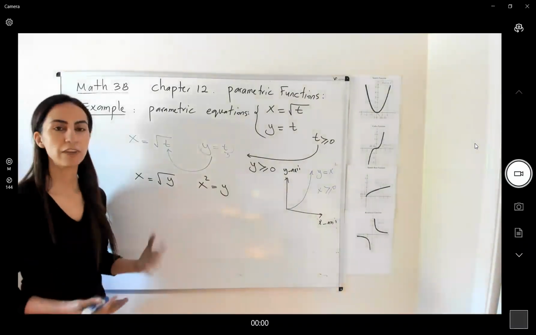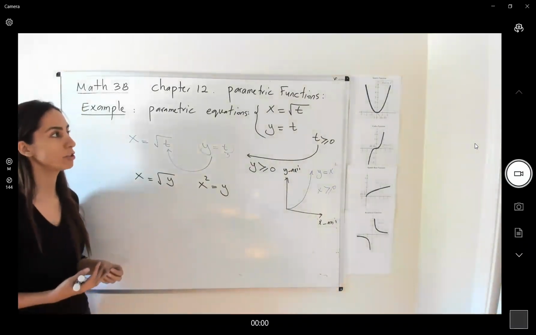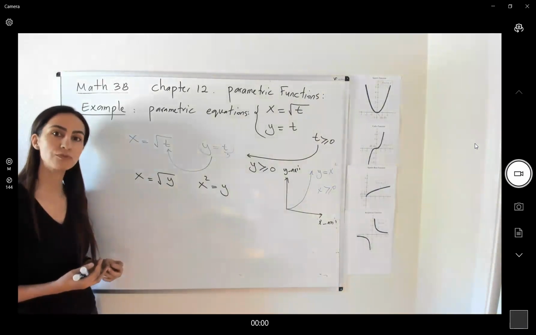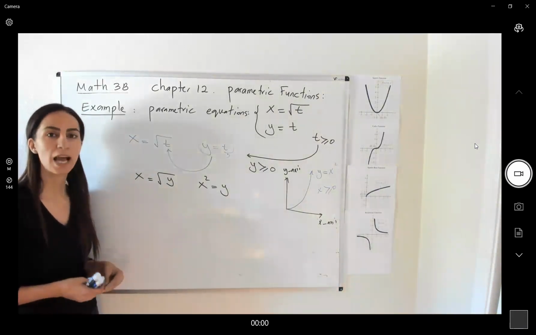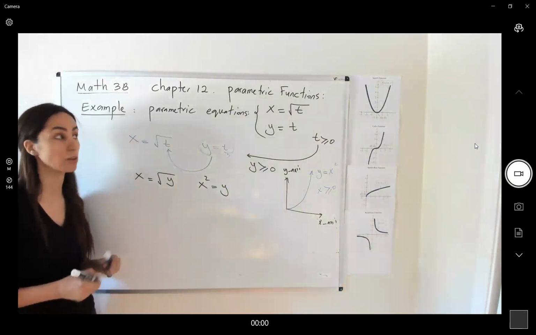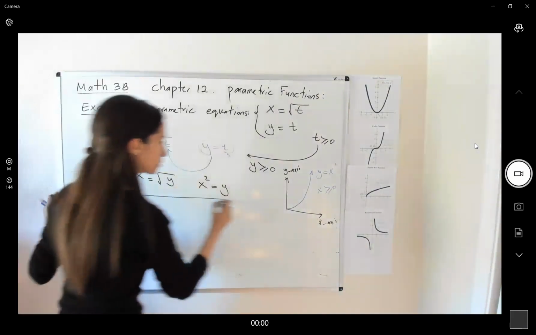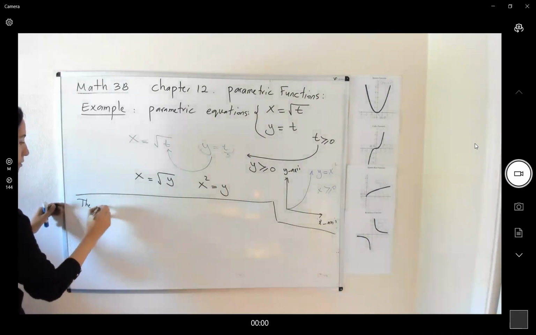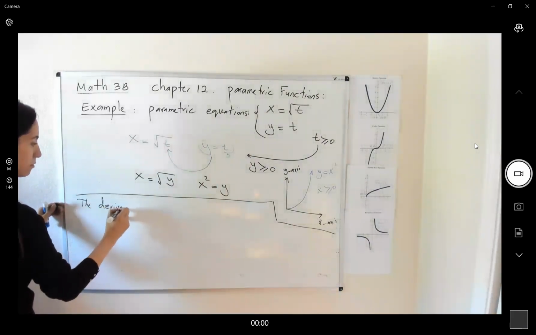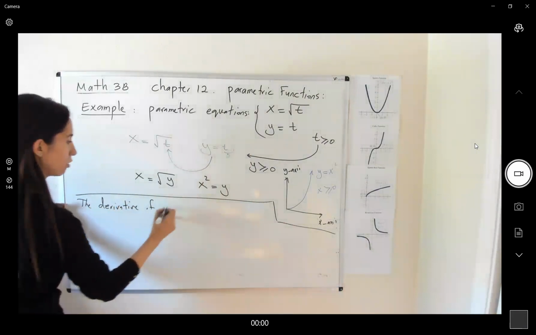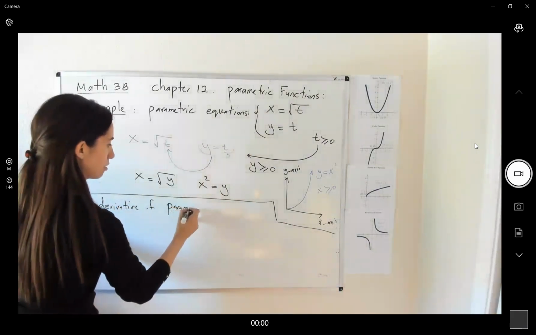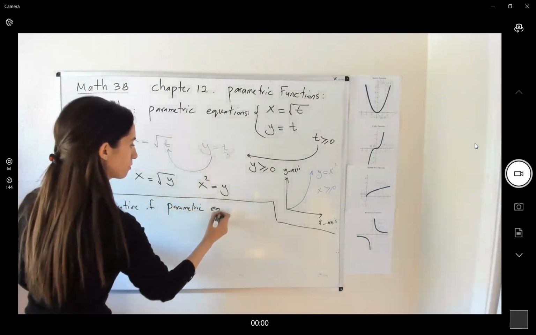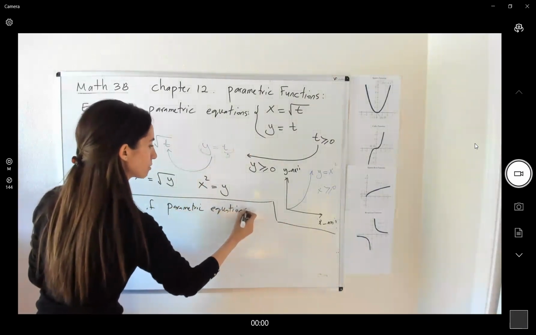So now that we have a new type of function, parametric equations, I expect you to ask, how do we take the derivative of these types of functions? So the derivative of parametric equations.